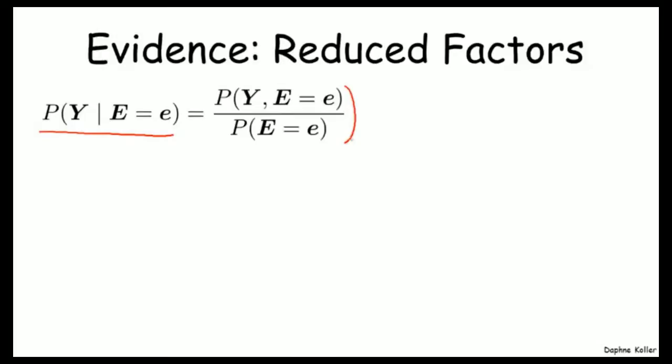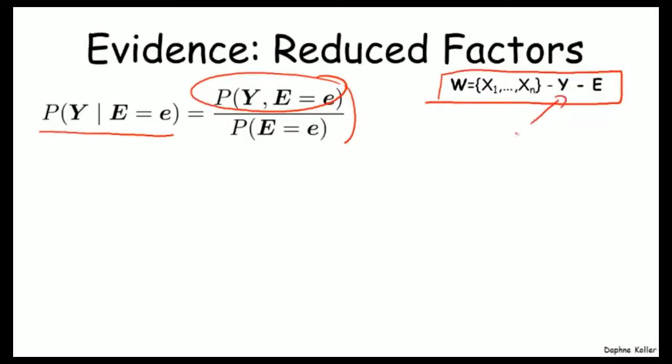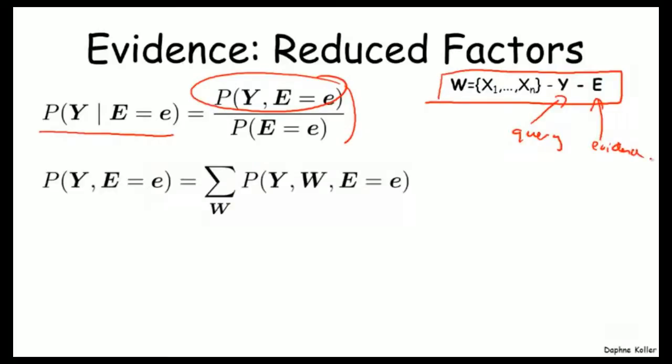And if we look at the numerator of this expression over here, and define W to be all of the variables that are neither query nor evidence, then we can once again consider this as a sum product expression. So for P of Y and E, we're going to introduce the variables W into this expression. So this probability over here is the sum of this probability marginalizing out the W.